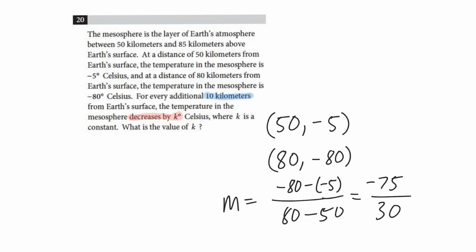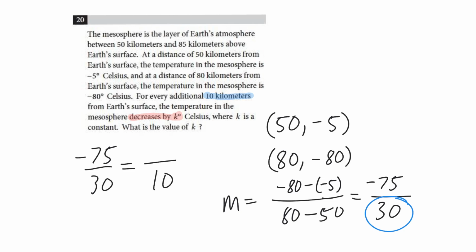Well, right now we've got 30 kilometers in our denominator. So we need to figure out what that is when it's 10 kilometers.